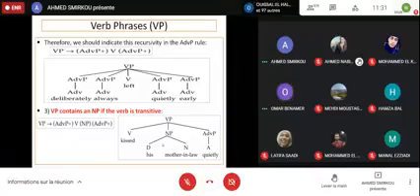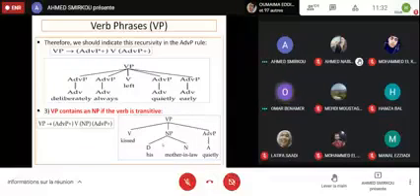Sir, yes, Mark. In case a verb phrase has three verbs, how can we make the tree diagram?